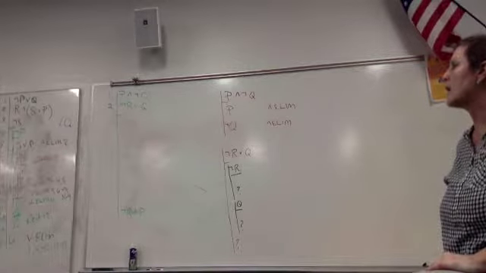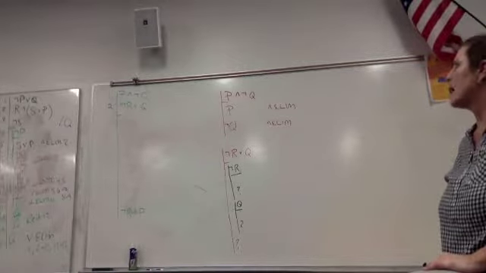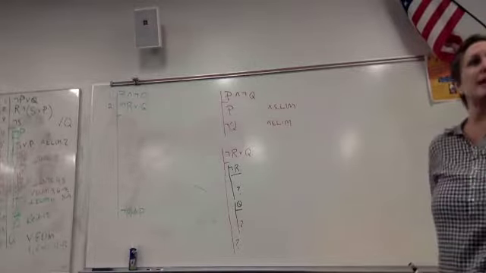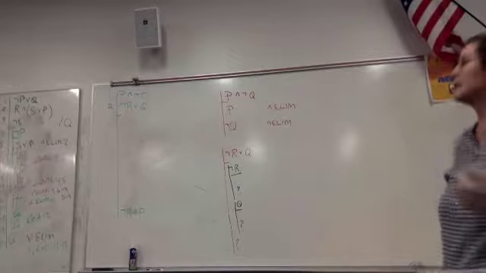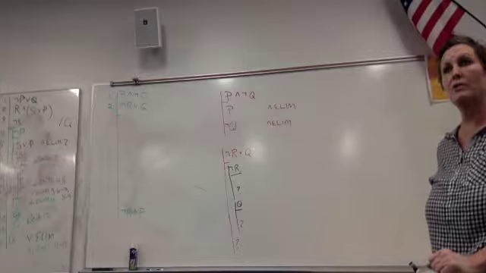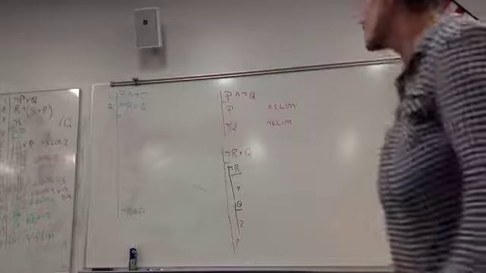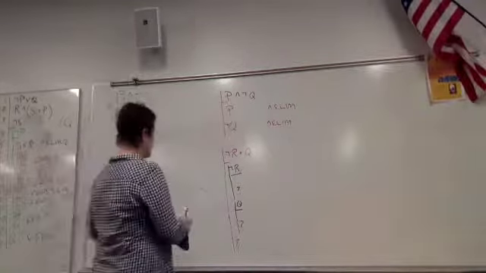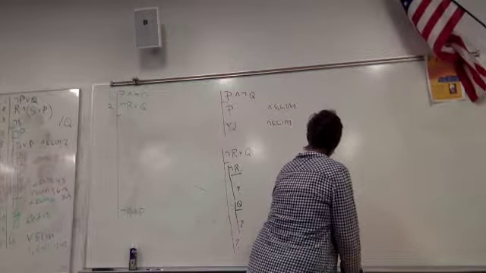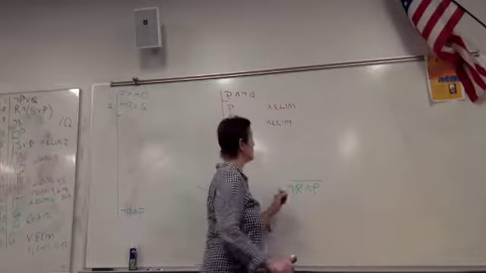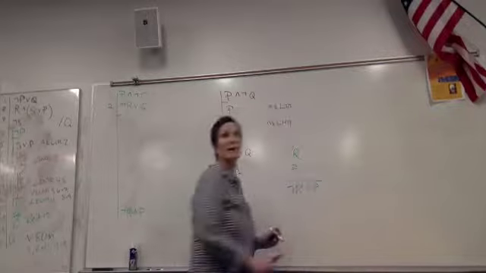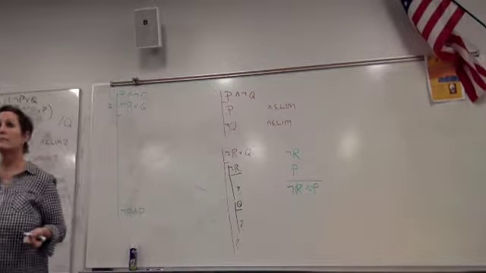Let's look at not R conjunction P. If I want not R conjunction P, I'm either going to need to get not R on its own and P on its own so that I can conjoin them, right? So let's work backward from the conclusion. One way to get it is to have not R somewhere and P somewhere so I can conjoin them.